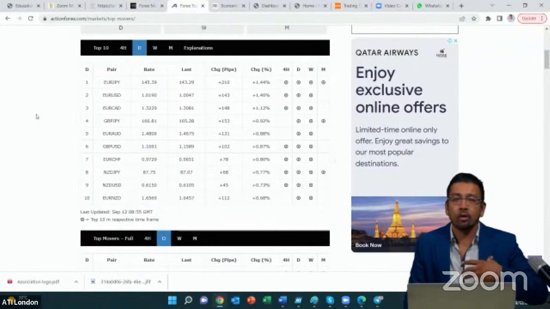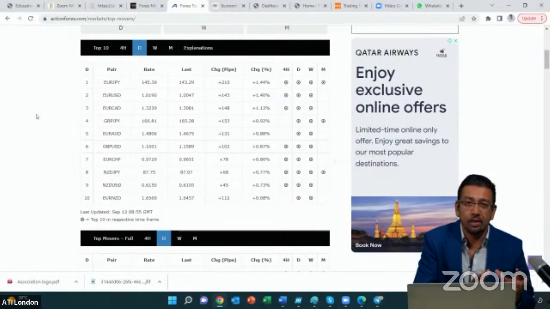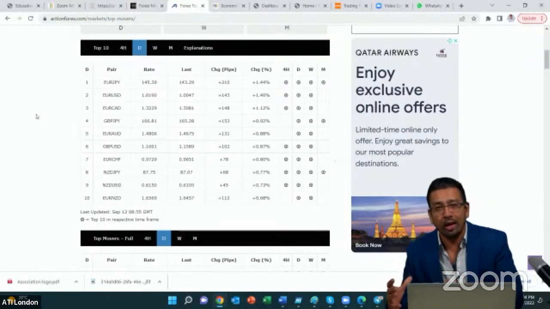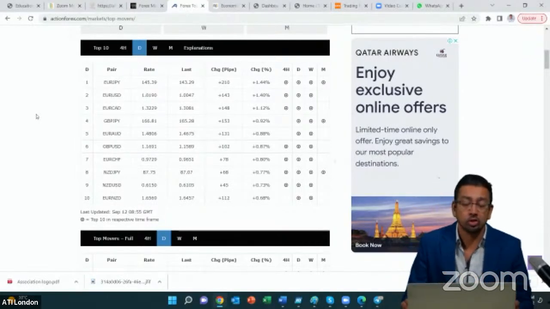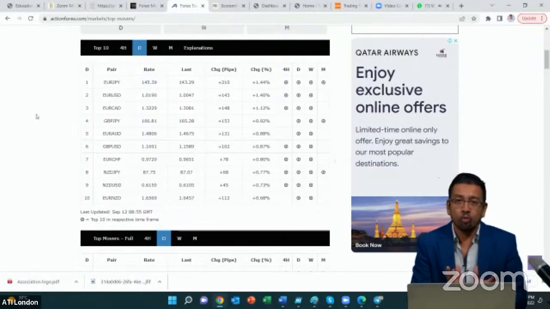We've talked a lot about the focus as of today and this week on the ECB's decisions as well as the UK's decisions and the US decisions, and it can be reflected right here in the euro crosses dominating this movement of 10 currency pairs at this moment of time.